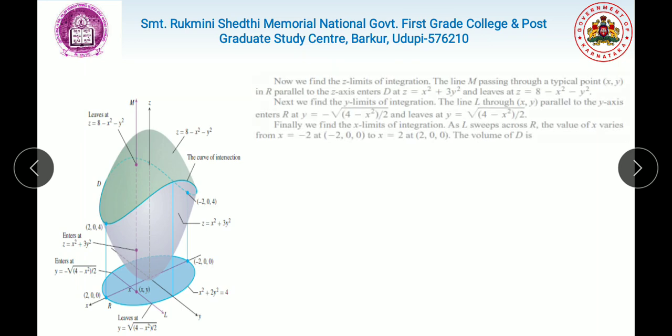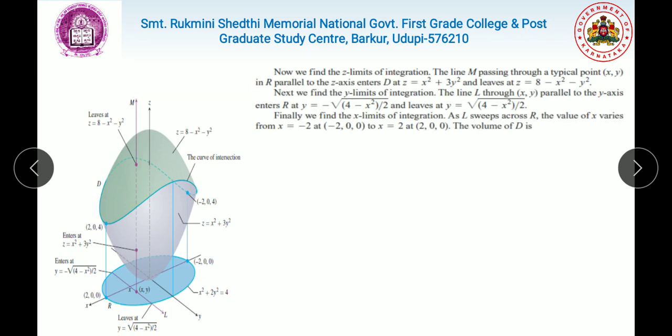So you have the lower limit for z and the upper limit for z. Similarly, for a fixed x in the range of x, y varies from the lower limit to the upper limit, or left boundary to right boundary of the projection R. Similarly, this fixed x can be varied to cover the region R from minus 2 to plus 2.